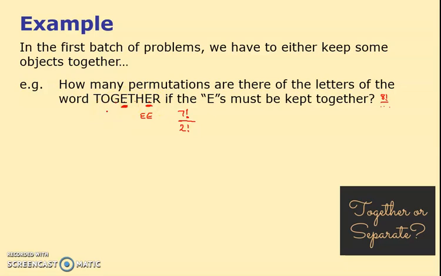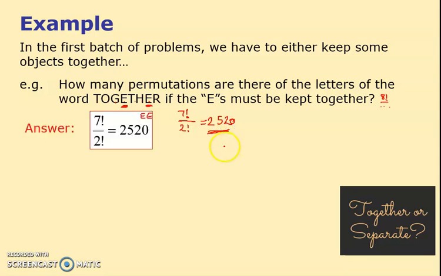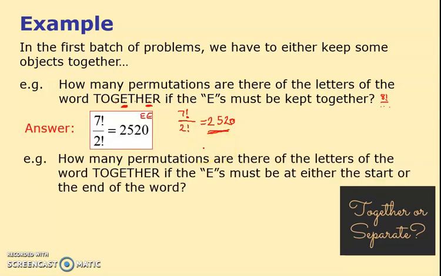So it's 7 factorial divided by 2 factorial. The key is treating the double E as one letter. So what's the answer? 2520. Next question. How many permutations are there of the letters of the word together if the E's must be at the start or at the end of the word?